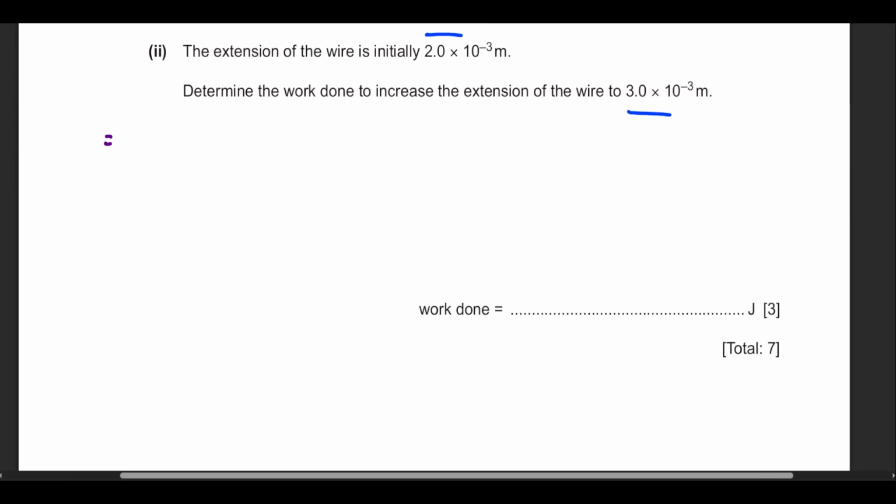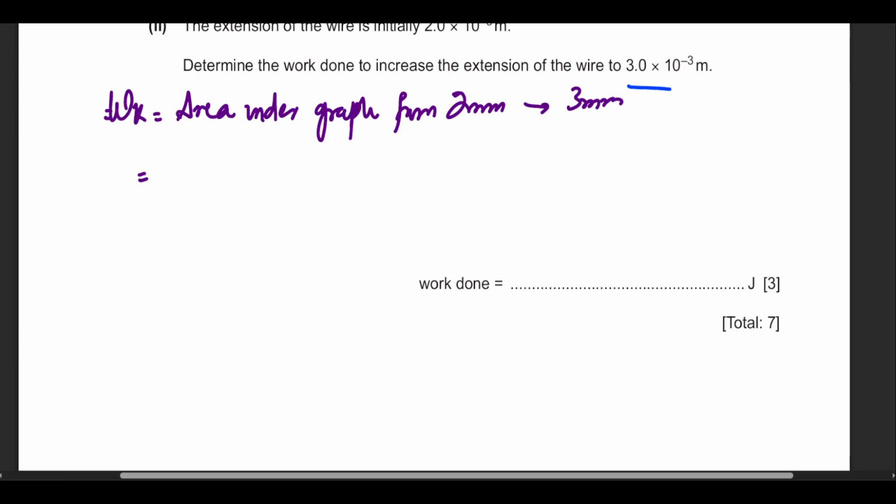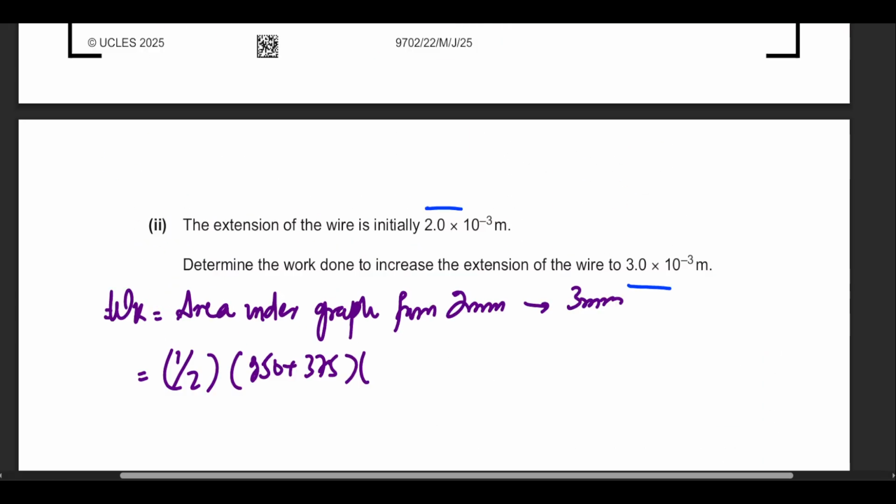So please mention that the work done is actually equal to the area under the graph from 2 millimeters to 3 millimeters. So this will be half into the sum of parallel sides, which is 250 plus 375, into the distance between them.